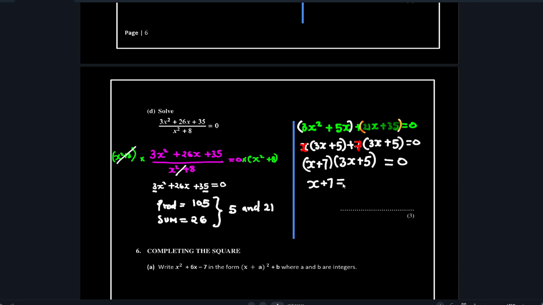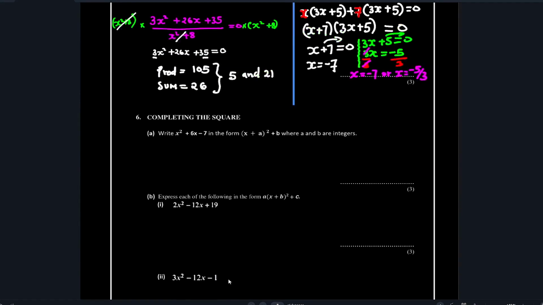Then we can say x plus 7 equals to 0. Taking that, we get negative 7 as one of our answers, and also have 3x plus 5. Taking 5 on the other side to be minus, then our final answer becomes negative 5 over 3. So that's another possible question that you can be asked.